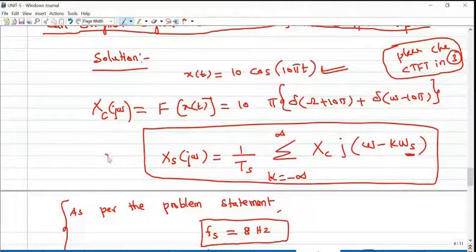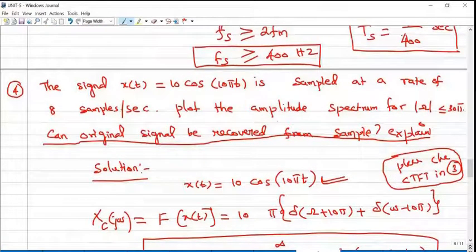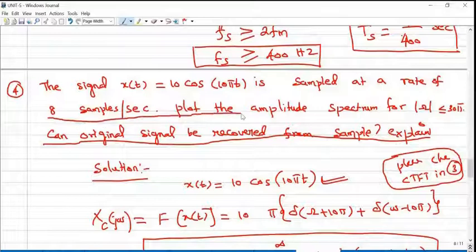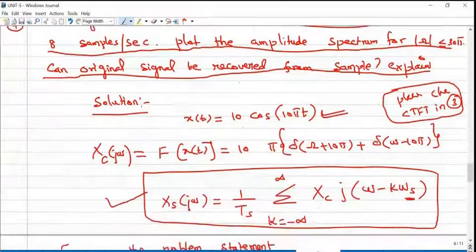As per the sampling theorem, we derived the formula yesterday: X s of j omega equal to 1 by Ts, summation of X c of j omega minus k omega s. So what is 1 by Ts? Plot the amplitude spectrum for their given value, not our calculated value. Whatever sample rate they gave, for that sample rate we have to plot the magnitude spectrum.